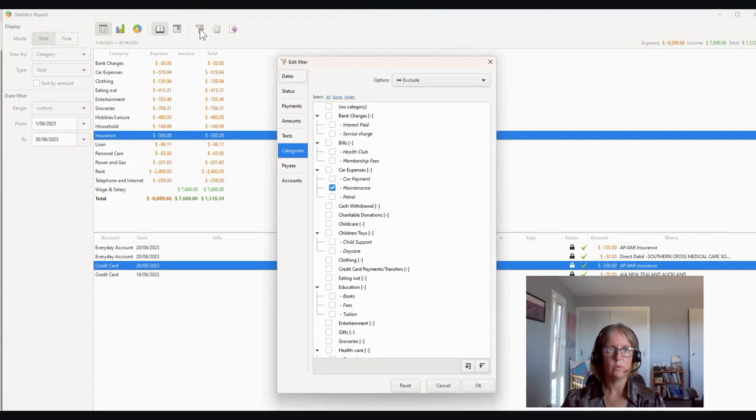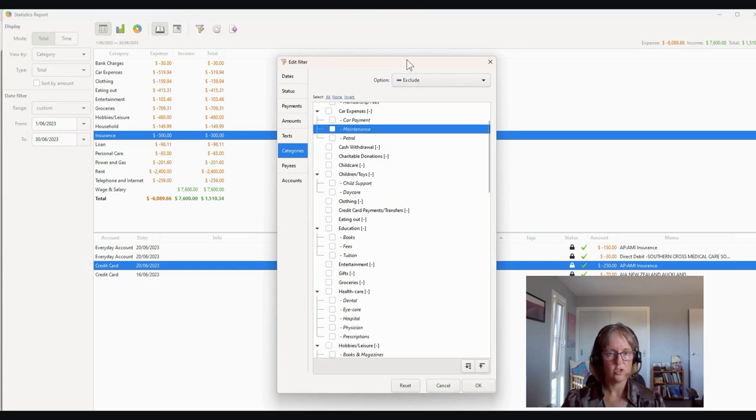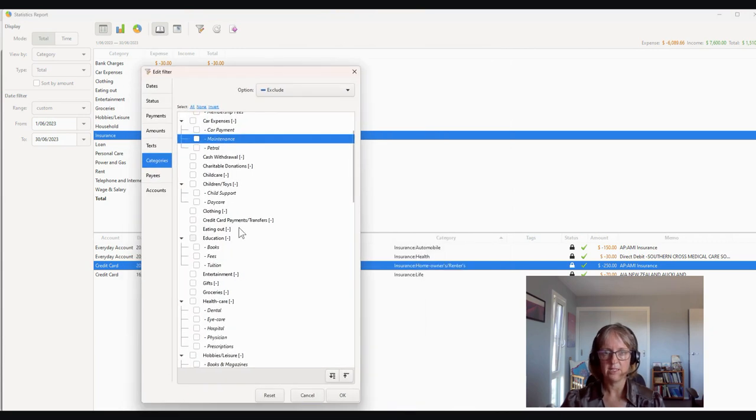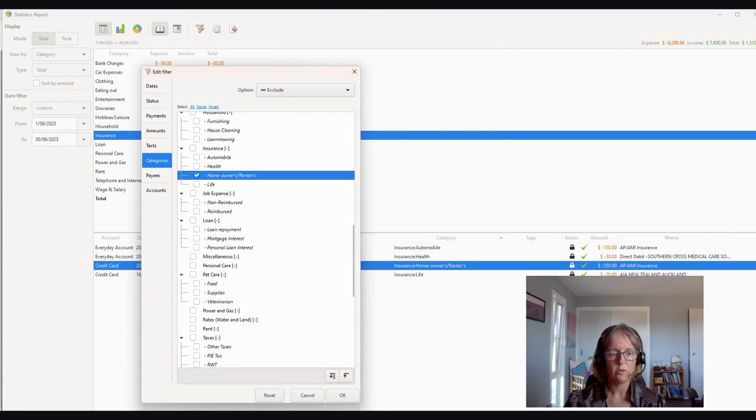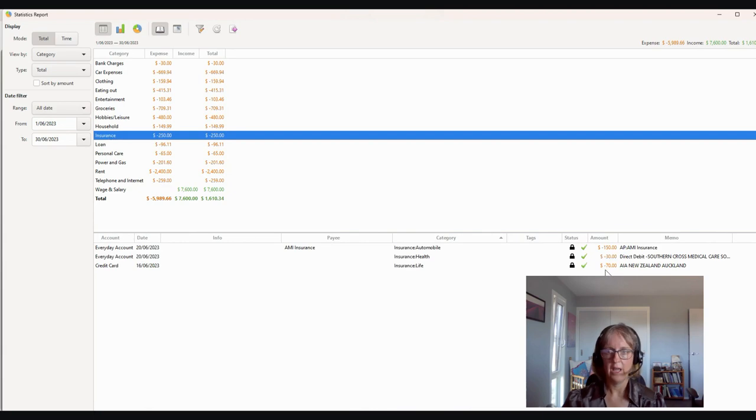So we would go up to filter, and we would go down to categories, and it's going to be insurance, home renters insurance. And we go OK. Then we click back on to insurances, and you can see that that's now been excluded.